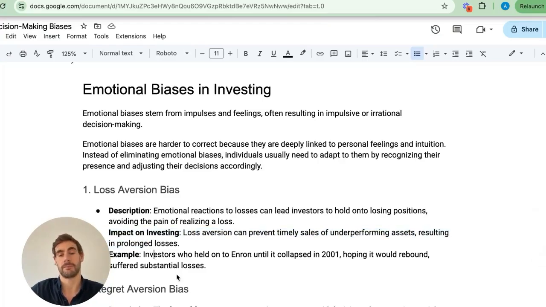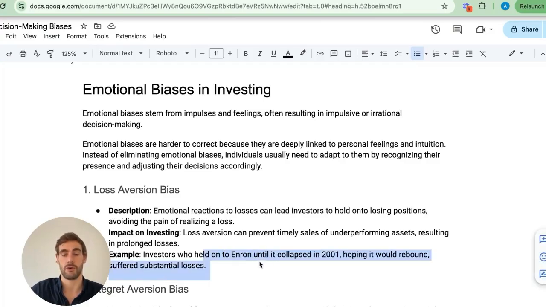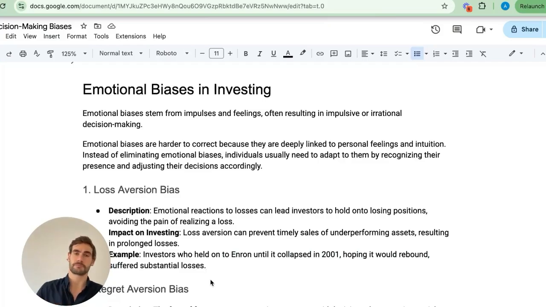An example is the investor who held onto Enron until it collapsed in 2001, hoping that it would rebound, and suffered substantial losses. So, very similar to the cognitive side, this shows the emotional side, which is a painful experience of realizing the losses.